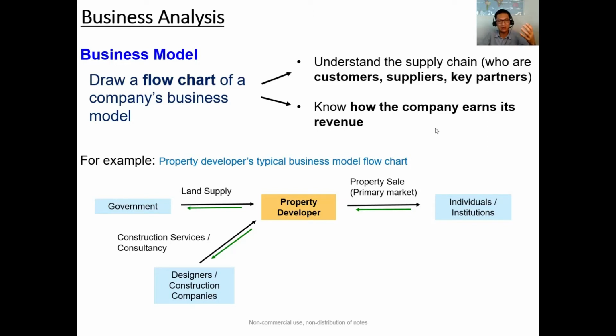And once the building is finished being built, they will sell the property to institutions or individuals in the primary market. Of course, some property developers are also involved in the property investment business. They will lease part of the buildings to institutions and individuals. So by doing this, we will understand more about the company's business model flowchart.